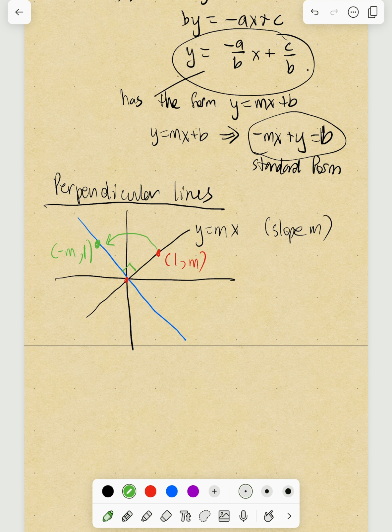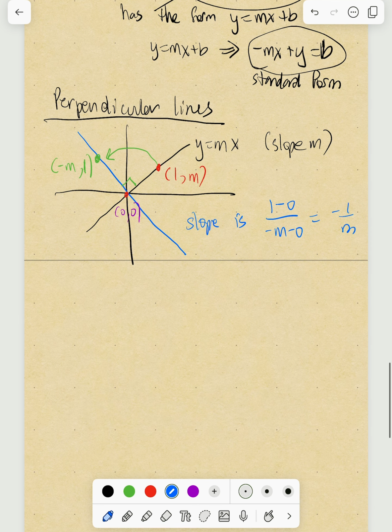And I know that this blue line goes through negative m comma 1 and 0 comma 0. So then the slope of this line is, so I look at the change in y, 1 minus 0 over negative m minus 0. That's negative 1 over m. So in this case, the equation of the line is y equals negative 1 over m x.